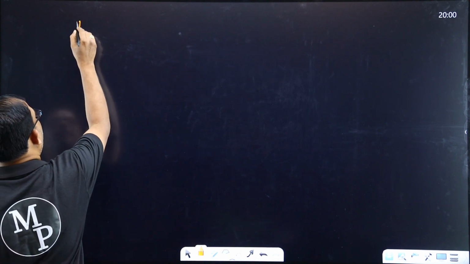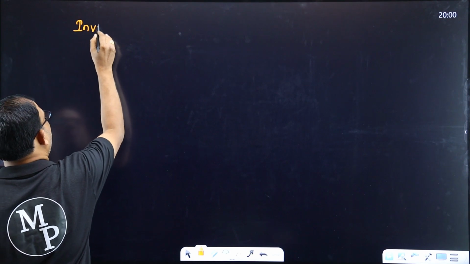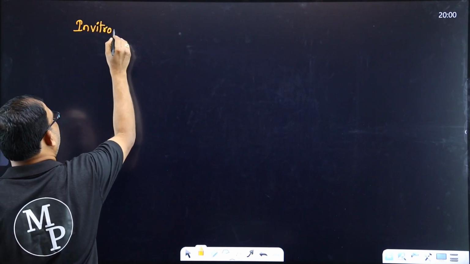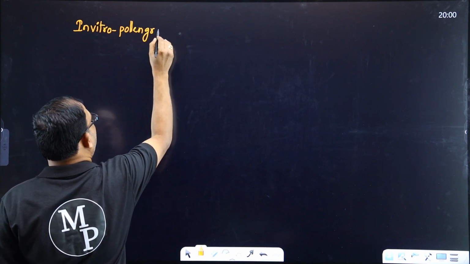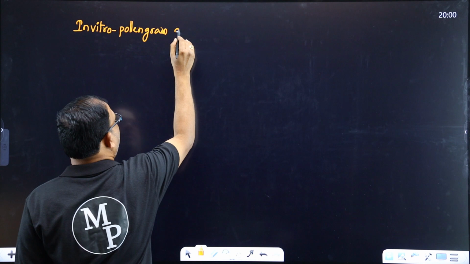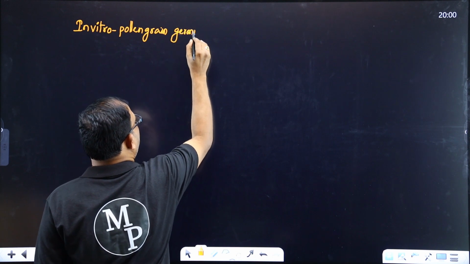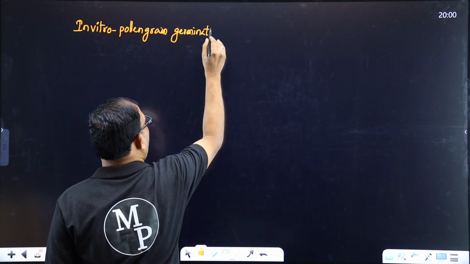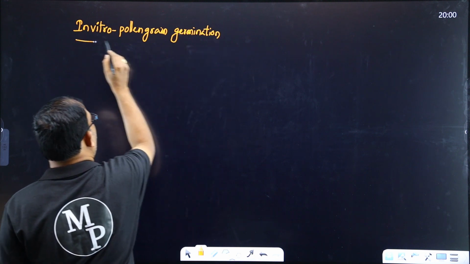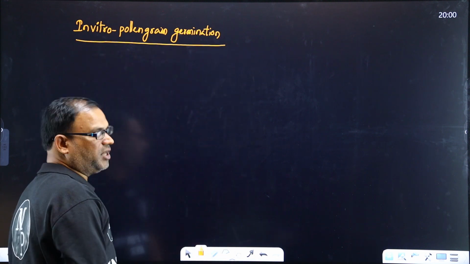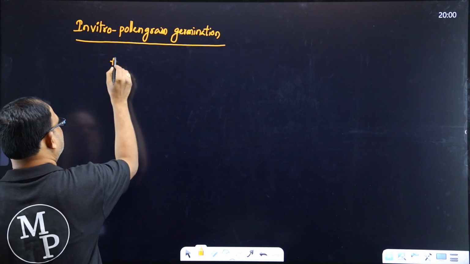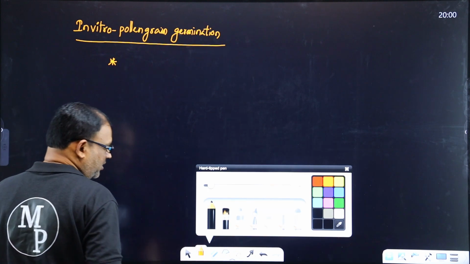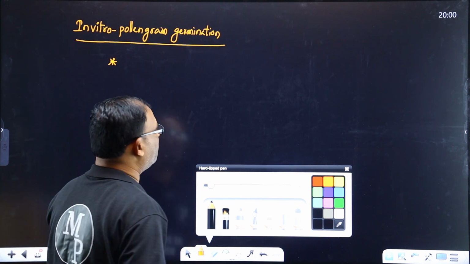In vitro pollen grain germination is in NCERT and important, so all of you concentrate. First of all, it involves collection of pollen grains from which plants?